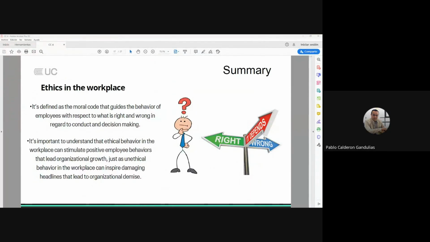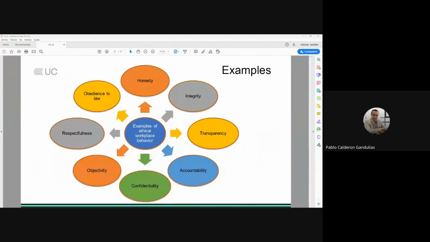Thank you. Remember, this is summarized. It's the moral code that an employee must have in hand to respect what the company considers right or wrong to be done. Okay?